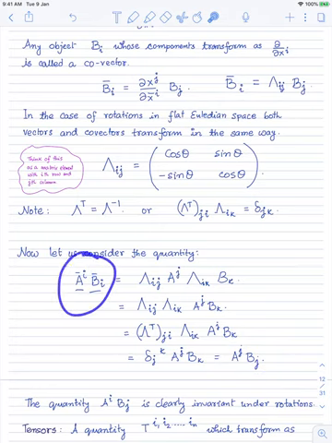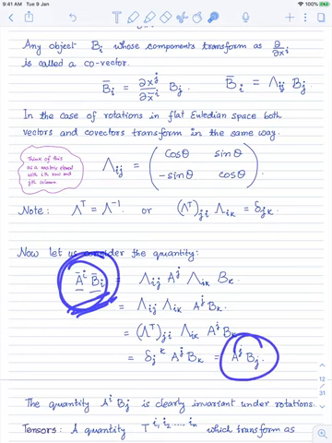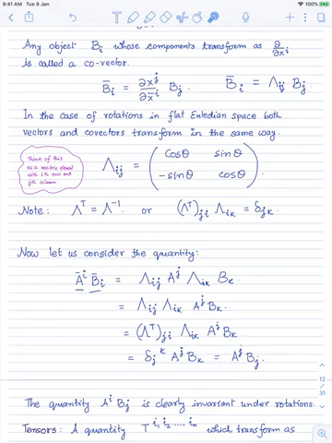I just exhibited in the S prime frame, which is the rotated frame, that if I take this dot product, it is the same thing as in the unprimed frame. So the prime frame is denoted by the bar, and the unprimed frame is denoted without anything.